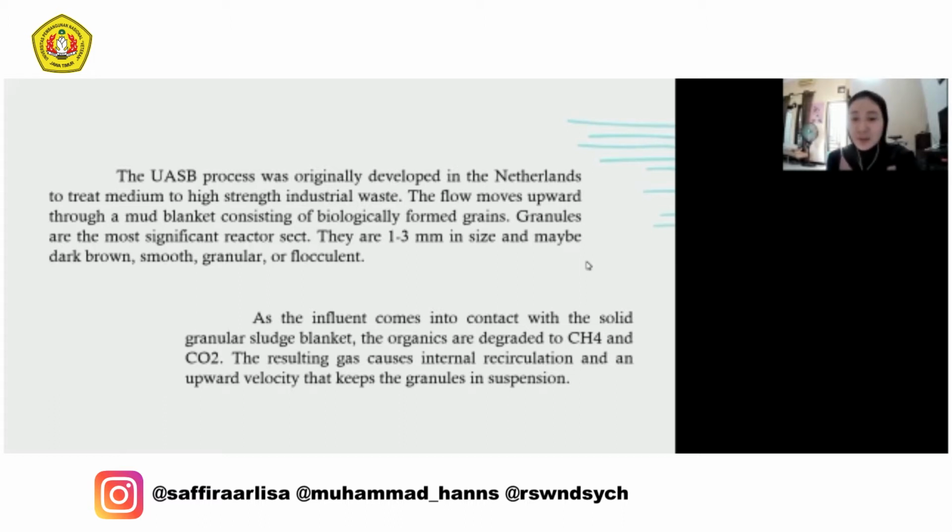As the influent comes into contact with the solid granular sludge blanket, the organics are degraded to CH4 and CO2. The resulting gas causes internal recirculation and upward velocity that keep the granules in suspension.